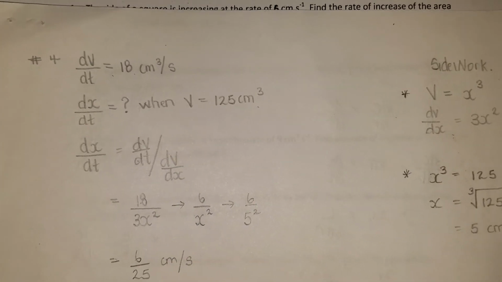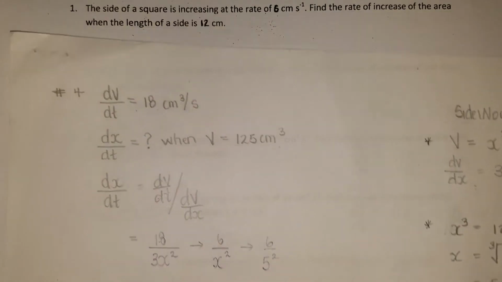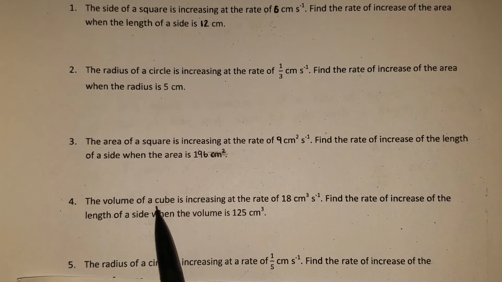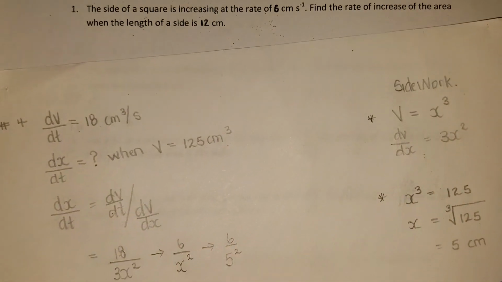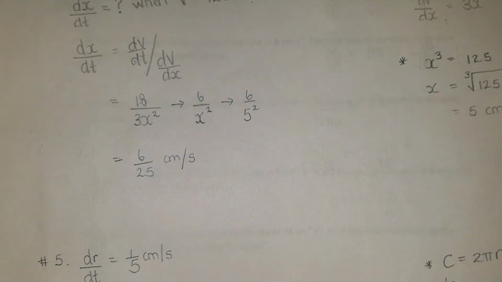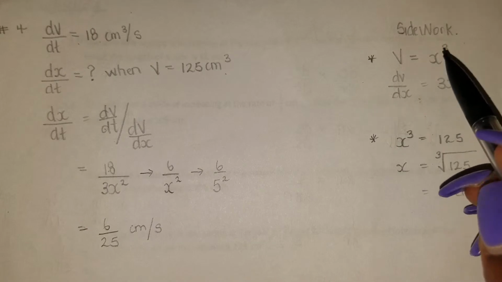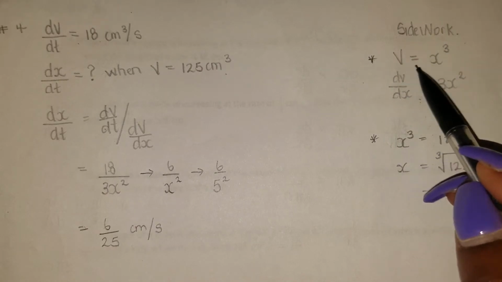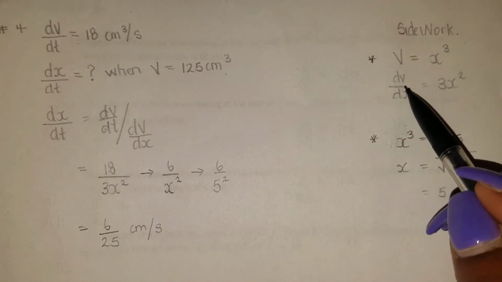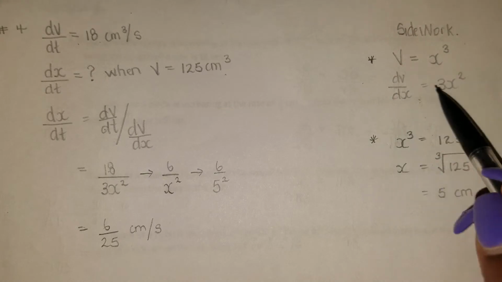Now we're not dealing with a square or a sphere anymore. We're dealing with a cube. So a cube has equal sides. So the formula for the volume of a cube is x times x times x, which will give us x cubed. And when that function is differentiated, we get dV/dx to be 3x squared.